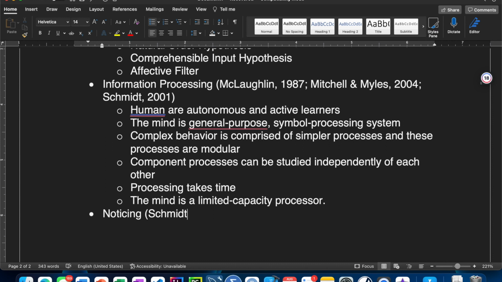But just to summarize, noticing with Schmidt, this first came around in 1986 in its original form, and then 2003, I believe, in a later form, that we see this idea of noticing really start to take off.